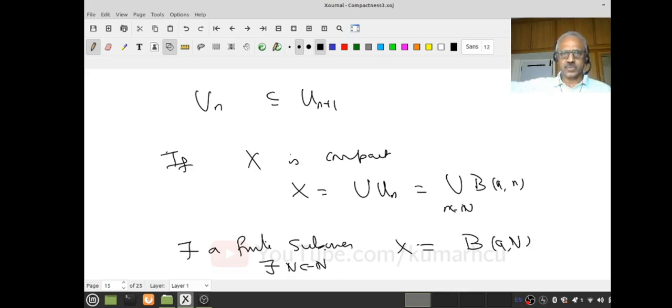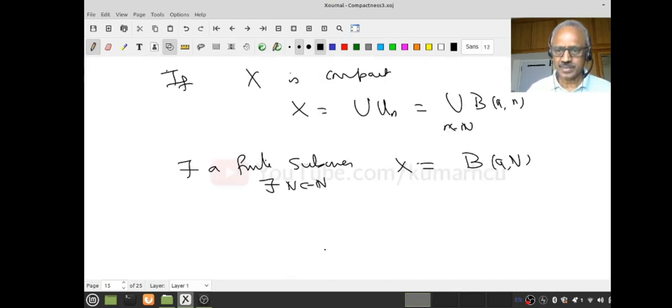It's an open cover by an increasing sequence of open sets. If it admits a finite subcover B(a,n1), B(a,n2), ..., B(a,nk), choose capital N to be the maximum, then the finite union will be contained in B(a,N), therefore it's equal to X. Do all of you understand this?